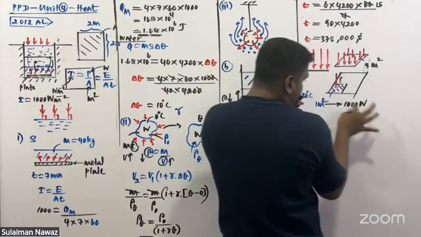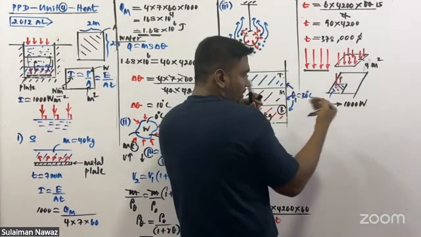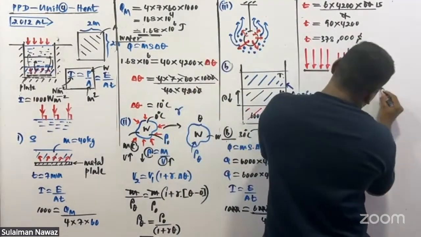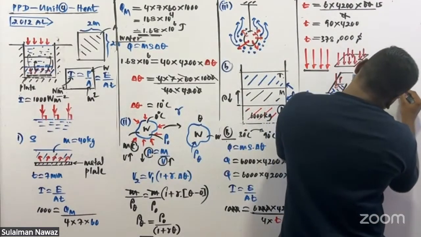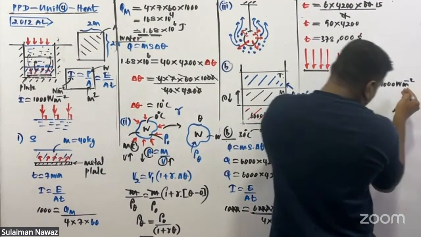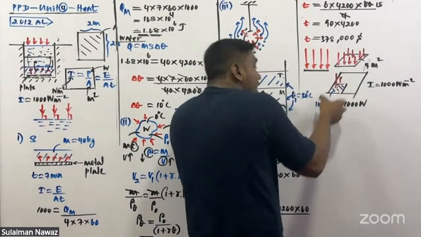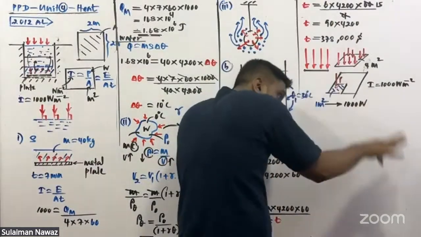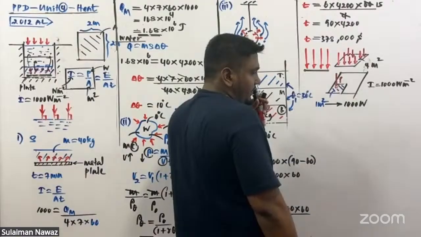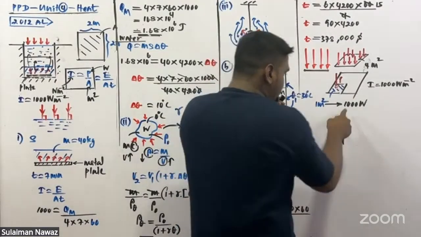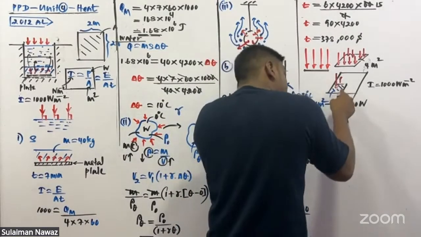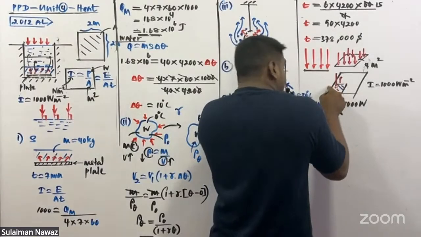That is what we call 1000 watt per meter squared. They have given the intensity as 1000 watt per meter squared. That means for 1 meter squared of surface area, the incident solar power is 1000 watts.